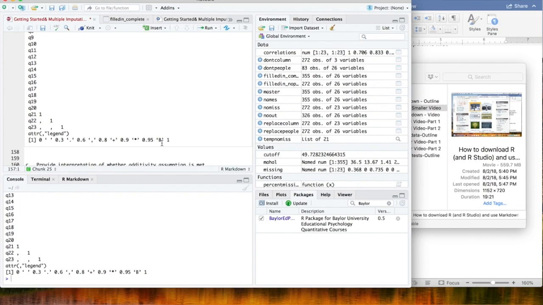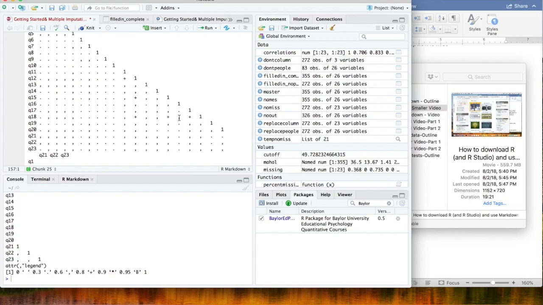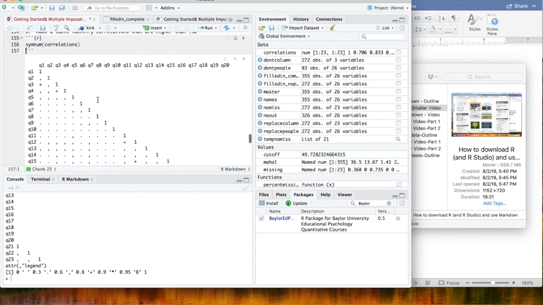If it's 0.95 and above, it's going to be B. If it's 0.90 and above, it's going to be this star over here. 0.8 to 0.9 is a plus, 0.6 to 0.8 is a comma, 0.3 to 0.6 is a period, and 0 to 0.3 is just going to be nothing. So what you're looking for is essentially this asterisk, or star, and any Bs in your bivariate correlation table. And looking at this, I don't see any asterisk or B.